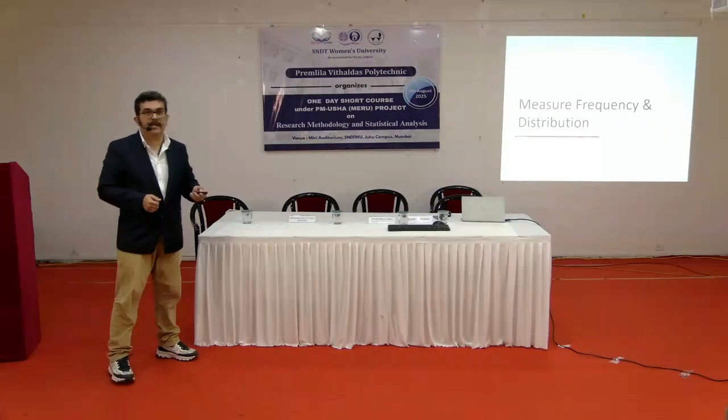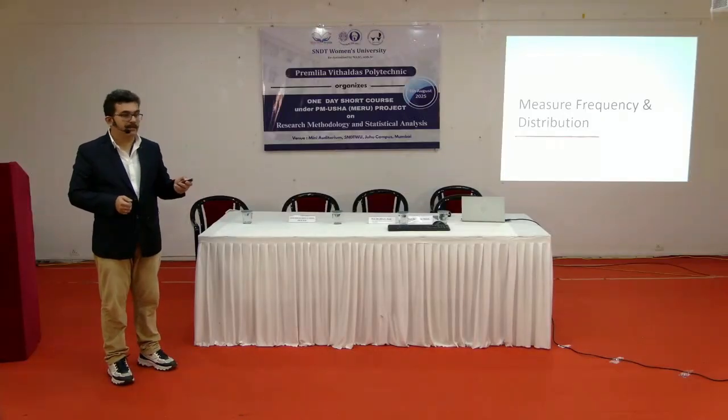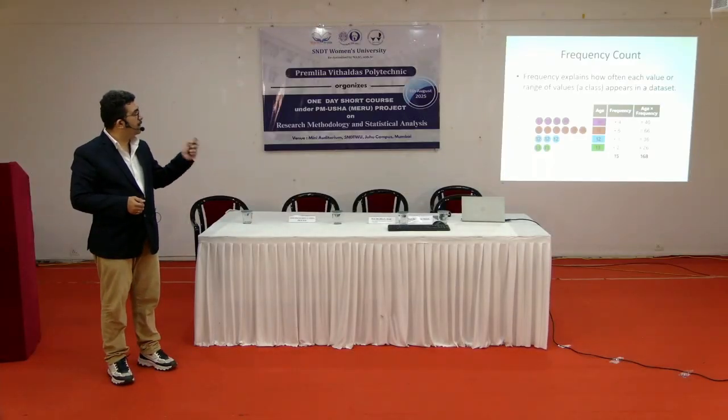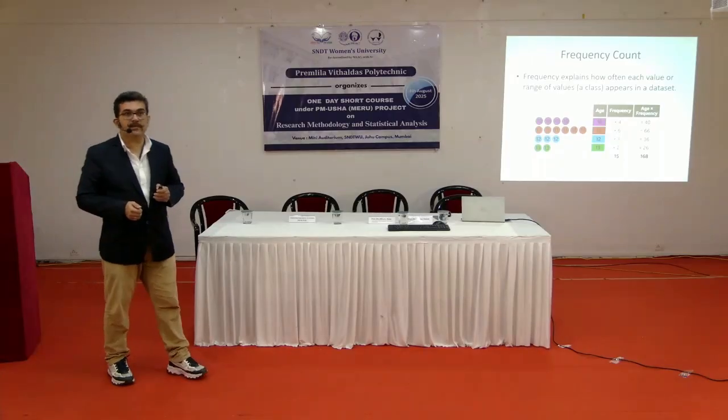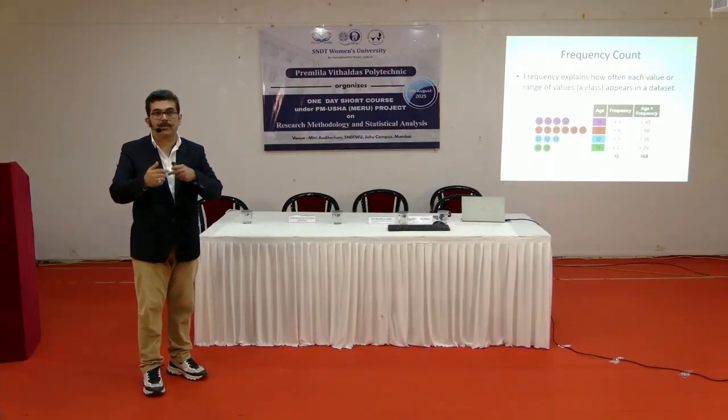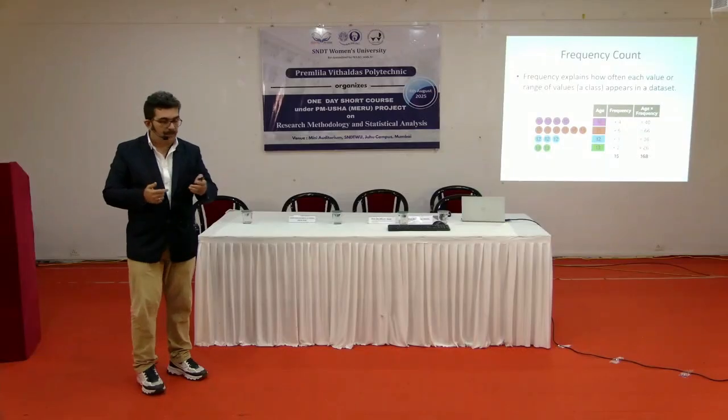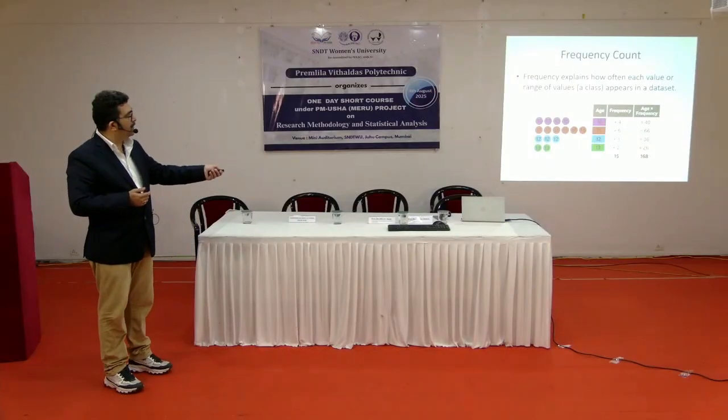Now we will see what is measure of frequency and distribution. Frequency means how many times a particular data value is repeating. So you will find here, this is a data set given. 10 is repeating how many times? 4.